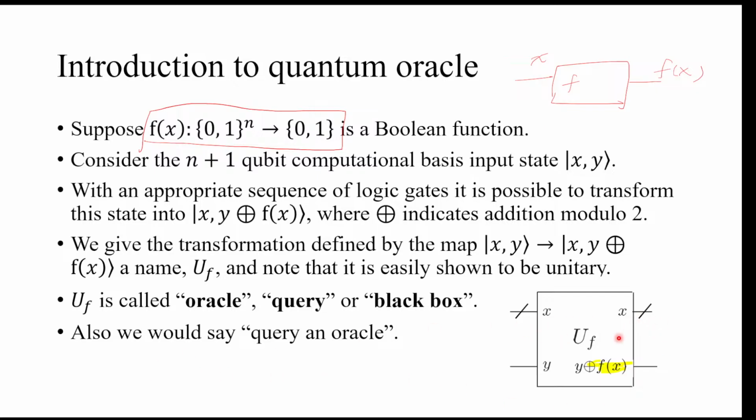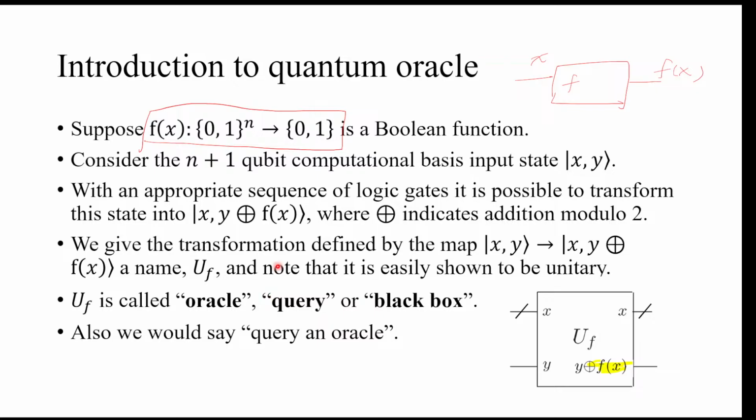So the quantum version of oracle will look like this. You have the input register and output register, and you write the result onto the output register in a reversible way. You have whatever thing you already have on the output register, and you XOR it with f of x.